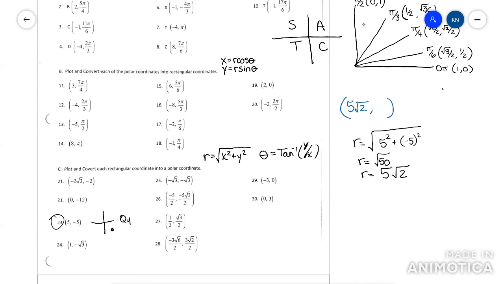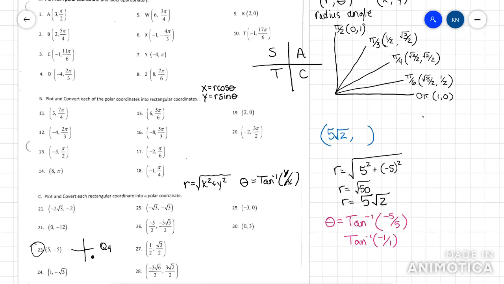Now I have to go get theta. This is the hard part. So I go, okay, theta equals inverse tan of y over x. So this is an inverse tan of -1 over 1. All right, so that means your y and your x have to be the same.